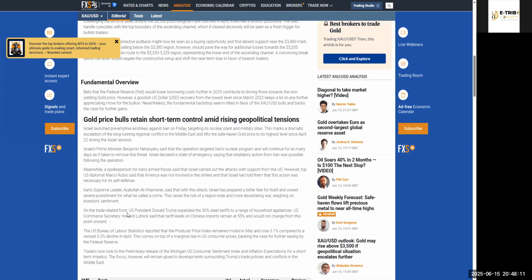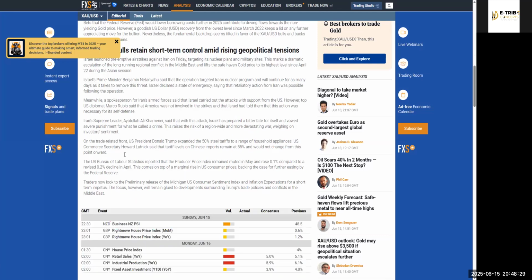So on the trade front, US President Donald Trump expanded the 50% steel tariffs to a range of household appliances. US Commerce Secretary Howard said that tariff levels on Chinese imports remain at 55% and will not change from this point onward. The US Bureau of Labor Statistics reports that the producer price index remained muted.